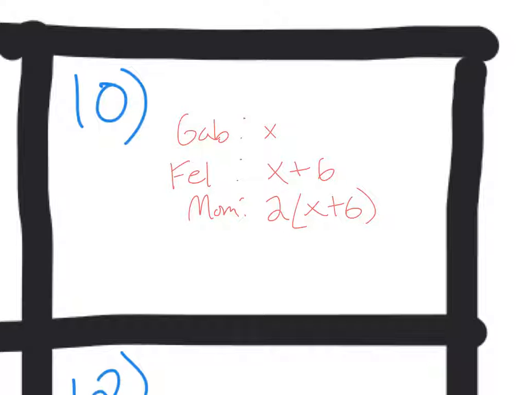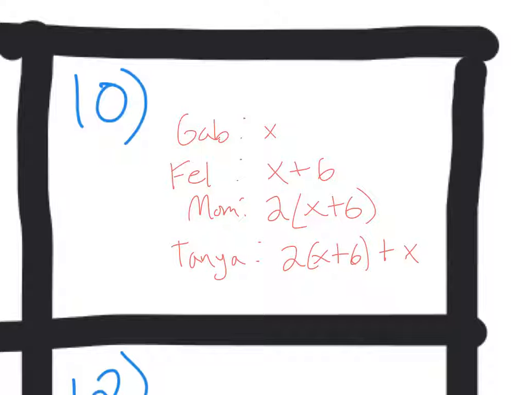Their Aunt Tanya is X years older than their mother. So Tanya is going to be 2 times X plus 6 plus an additional X, because it said she's X years older than, so you have to add an additional X.